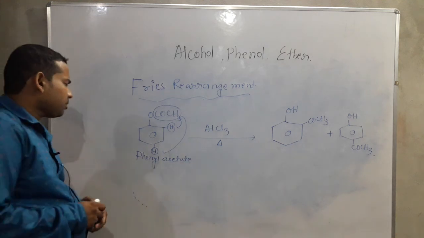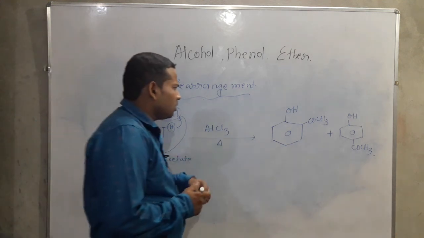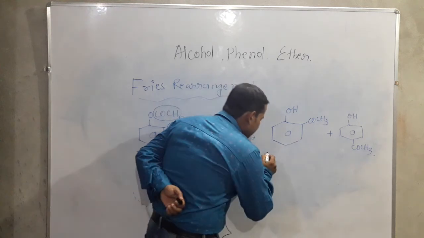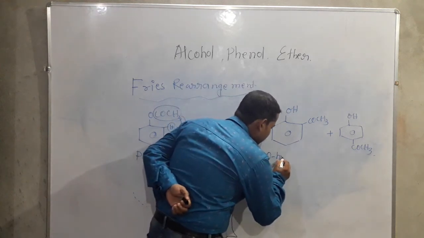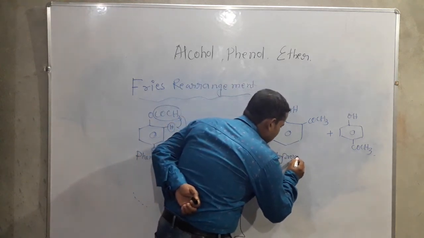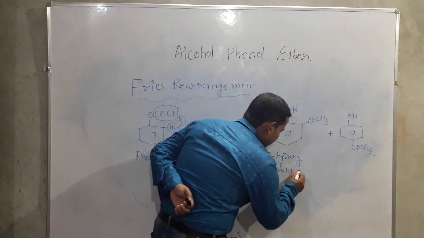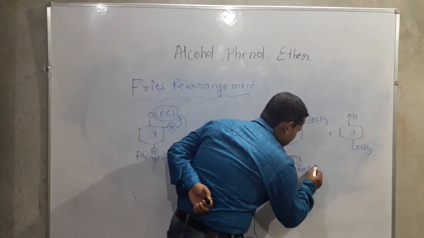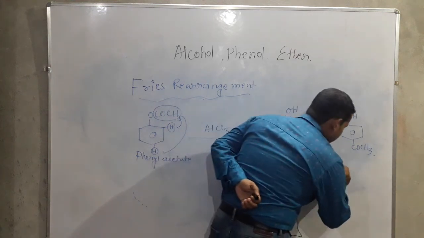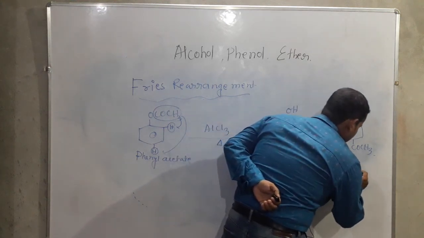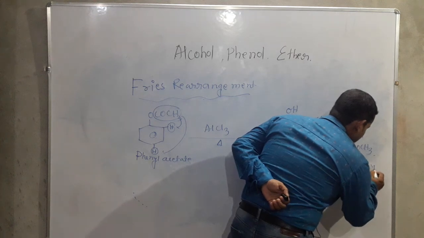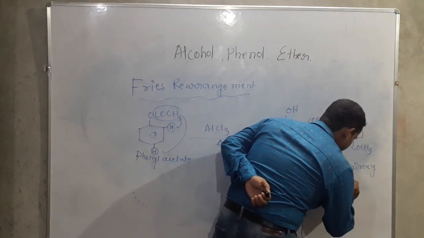So this one is phenyl acetate, this one is ortho hydroxy phenyl acetate, and this one is para hydroxy phenyl acetate.